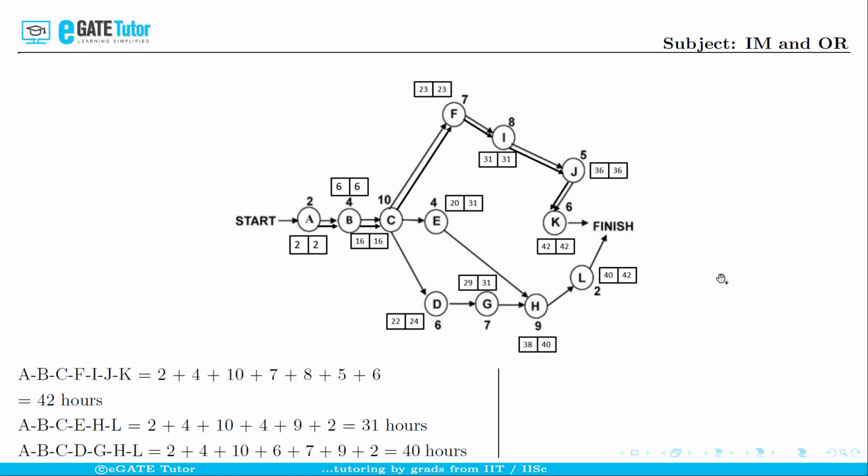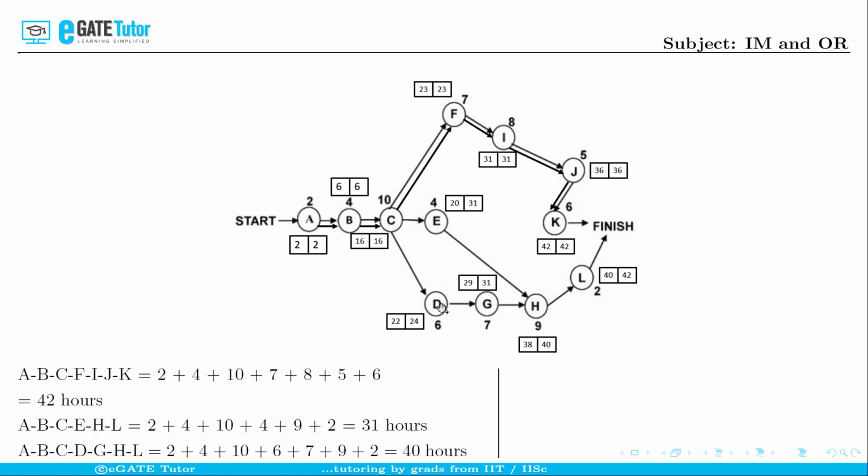To calculate latest start times, let us straight away consider the latest start time of activity K for activity L, which is 42. Since activity L takes 2 hours, just subtract this 2 from 42 to give us 40, because H is the subsequent activity after L to calculate the latest start time. And from H to G, H takes 9 hours to complete, so remove 9 from 40 to get the latest start time of G to be 31.